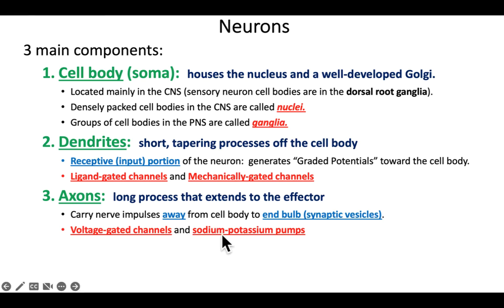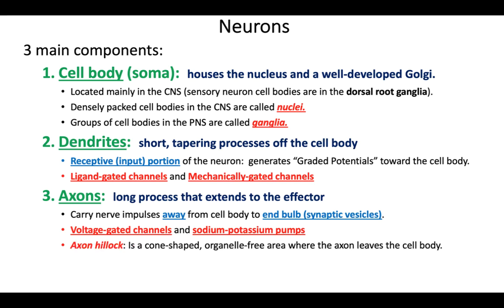You also have a lot of what's known as sodium-potassium pumps. This is going to be a really important concept because for neurons to be able to do what neurons do, they have to load up the inside of the cell with potassium and pump a bunch of sodium outside of the neuron. All right, and we'll talk more about why that needs to occur.